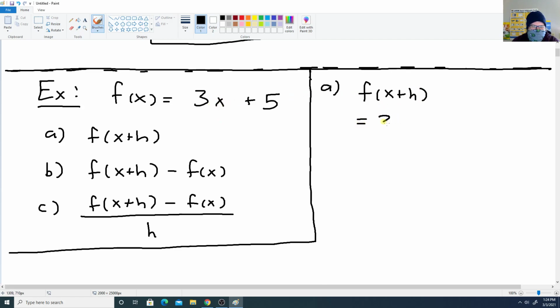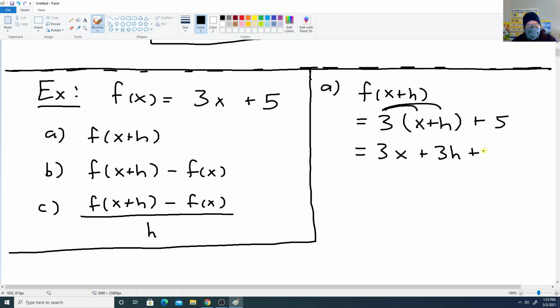So instead of 3 times x plus 5, we replace the x with x plus h. So we get 3 times x plus h plus 5. Next, the 3 has to distribute, so we will get 3x plus 3h plus 5. And this will be our answer to part A.